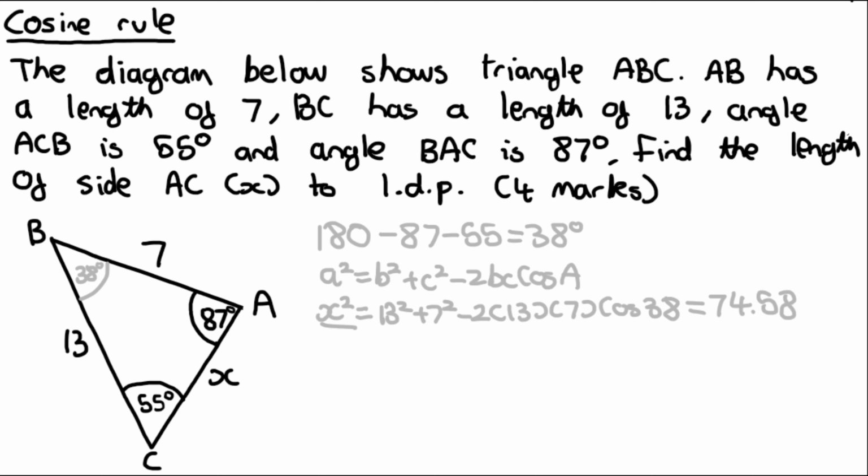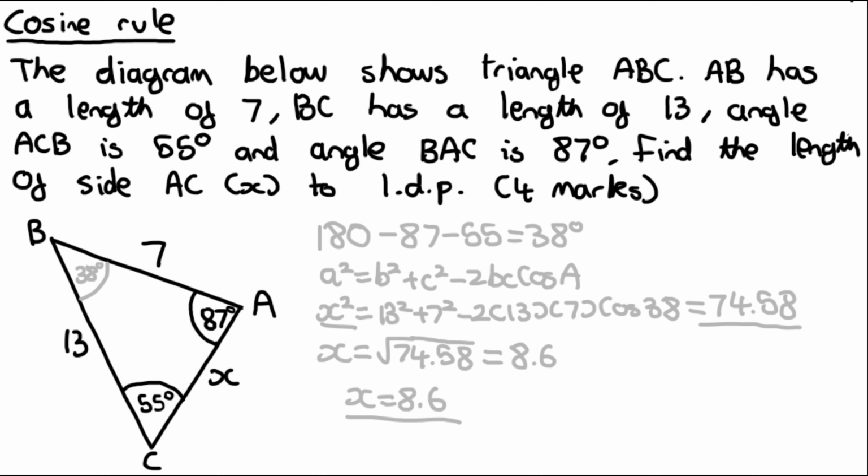So x squared is equal to 74.58, and therefore x is equal to the square root of 74.58, which if you put that into a calculator again is equal to 8.6. So x is equal to 8.6, and that's the answer.